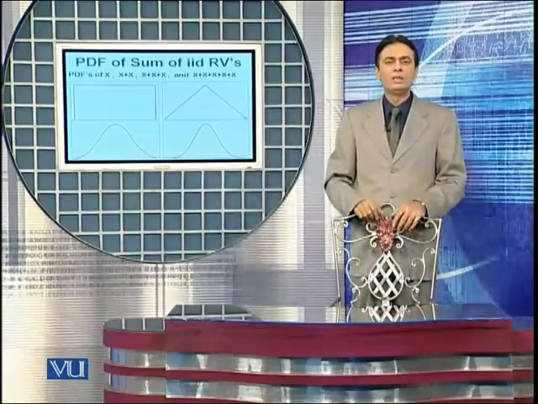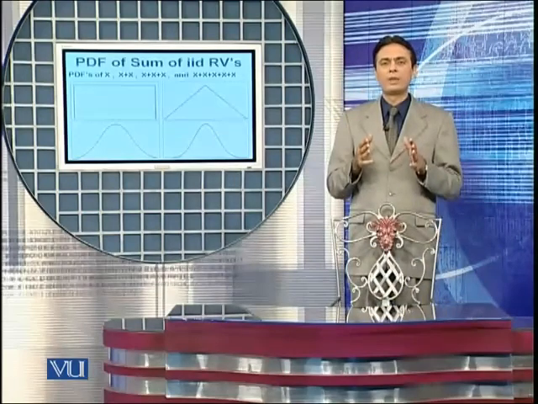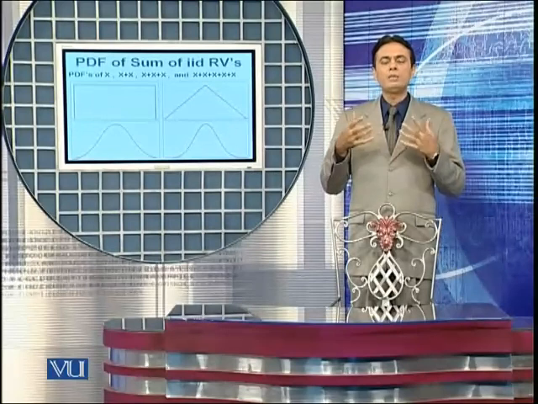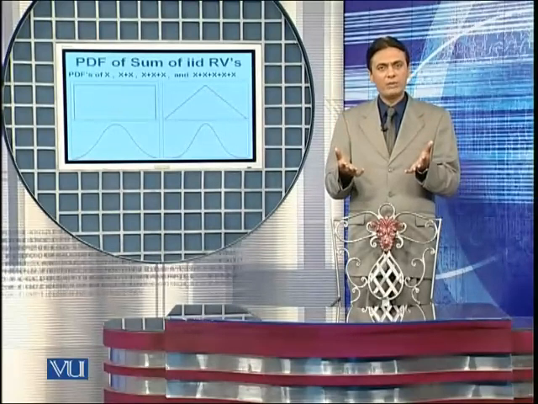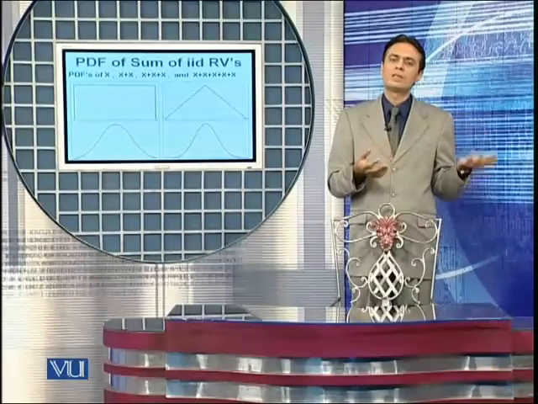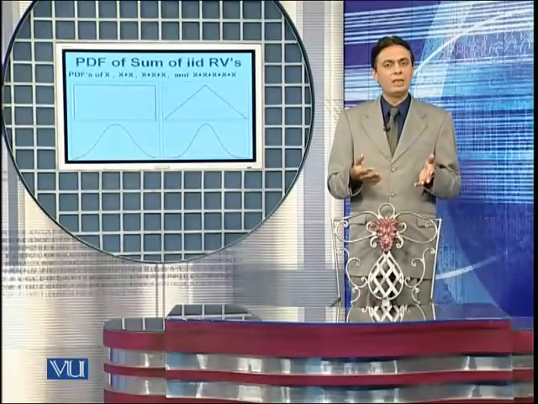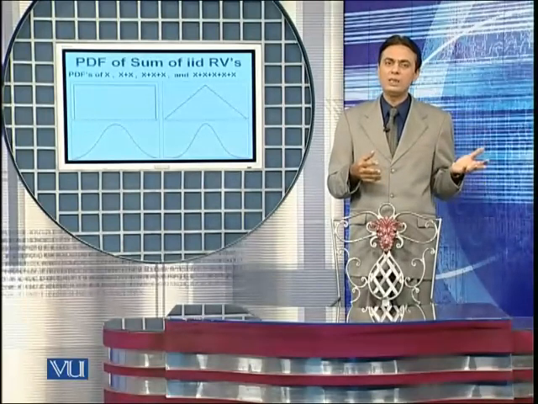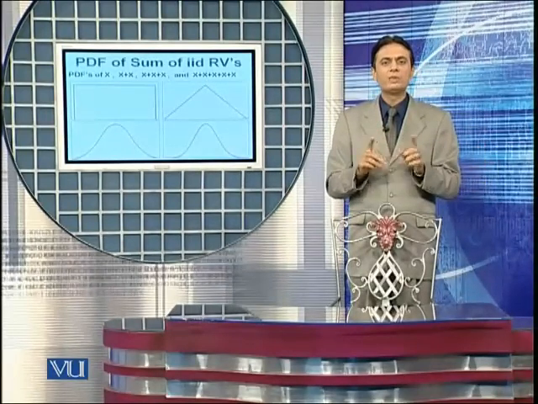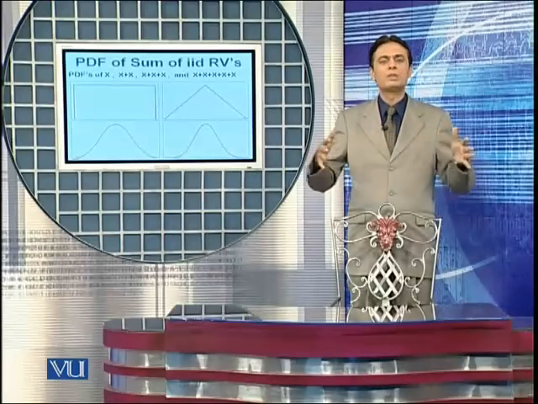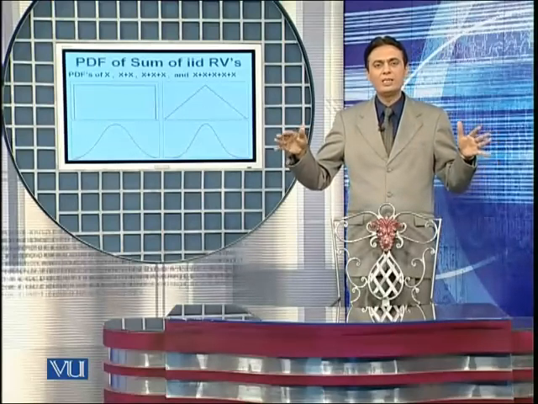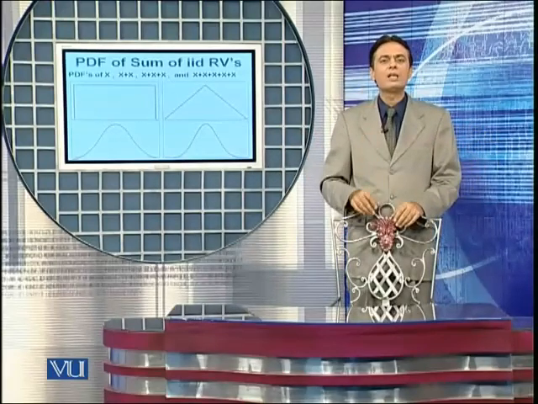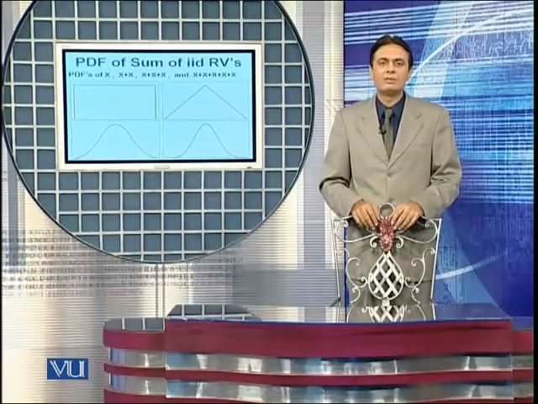So you saw that if you start with a uniformly distributed random variable and keep adding such random variables to form a transformed random variable z, then as you add more independent random variables, the shape of the PDF of z becomes smoother, becomes elongated, and approaches a bell-shaped curve, which is characteristic of a Gaussian random variable.